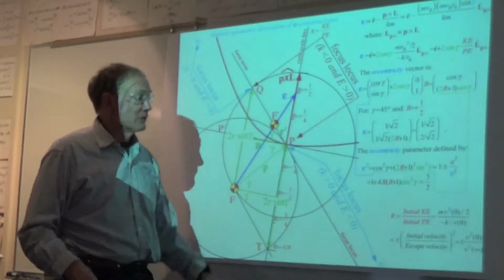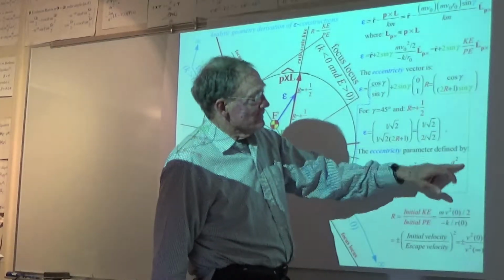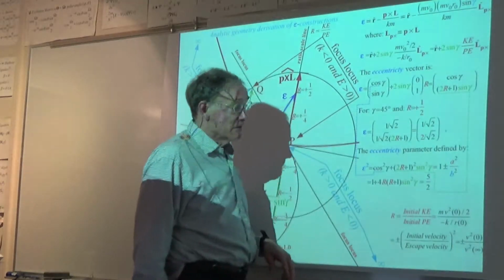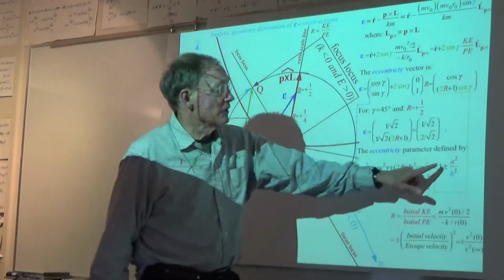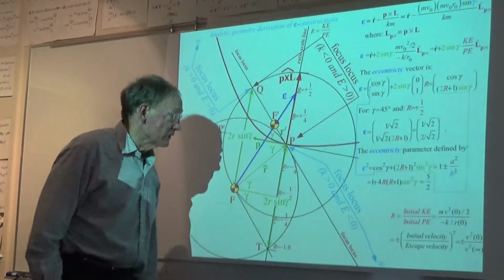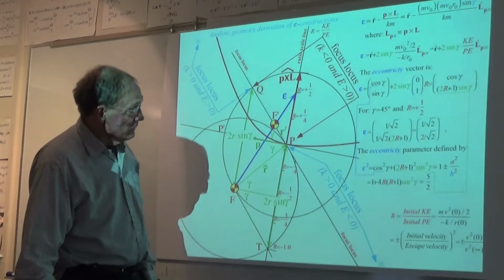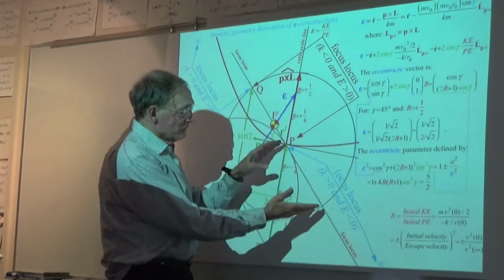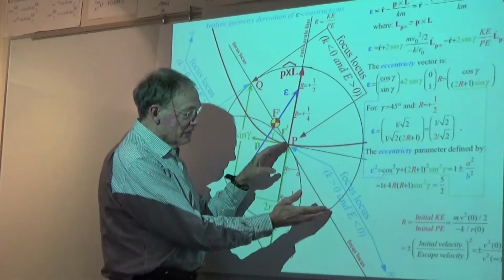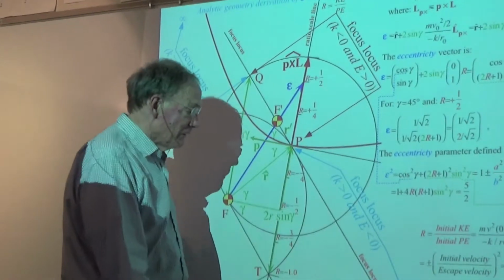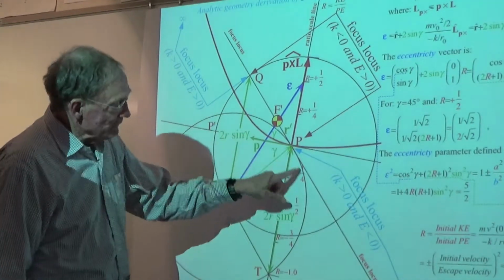So this is the usual expression for the eccentricity parameter, and you'll notice it's going to be plus or minus, depending on whether we're talking about ellipses or hyperbolas. And you see, ellipses really have a pretty small role here. That's their area for having focal points.